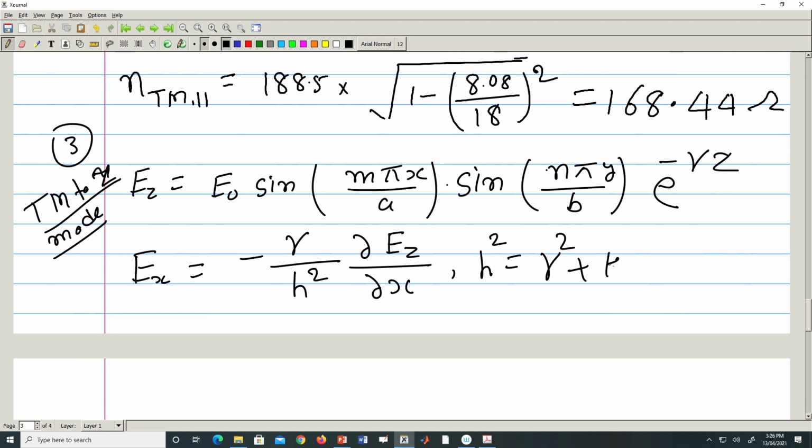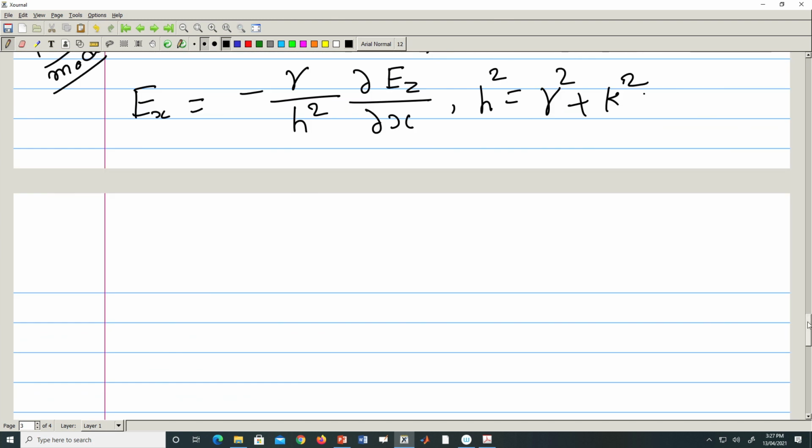This will be kx square plus ky square, equal to m pi by A whole square plus n pi by B whole square. So kx is m pi by A, ky is n pi by B, and h square can be defined like this.